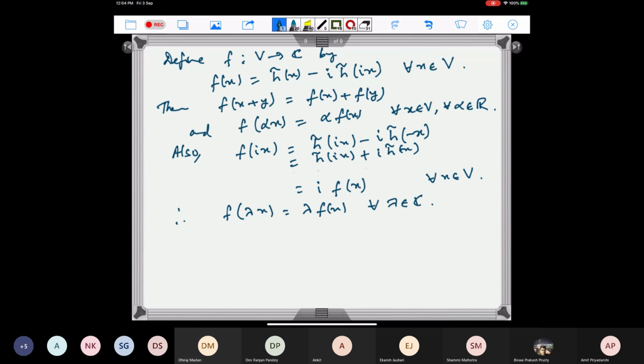Is it okay? Because h tilde of minus x is minus h tilde of x, right? Now we take iota common and write this as h tilde of x plus, so that will become minus iota h tilde of iota x. Yeah, you have to be careful because this h tilde is only real linear. So we write like this. Is it okay? Yeah, thank you, sir.